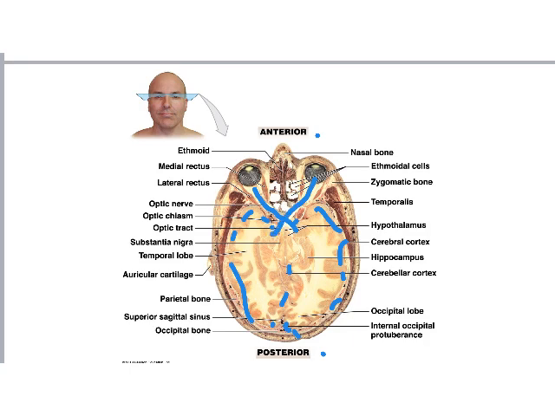If you remember the sella turcica and the optic canals in the sphenoid bone, that's where those optic nerves crisscross. You can see some of the ethmoid air cells in here. Of course, the nasal bone, the eyes, parietal bone, occipital bone. These are some of the things that you've already learned.